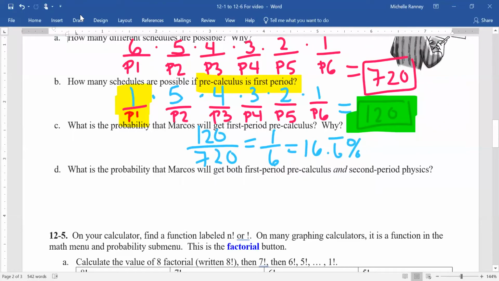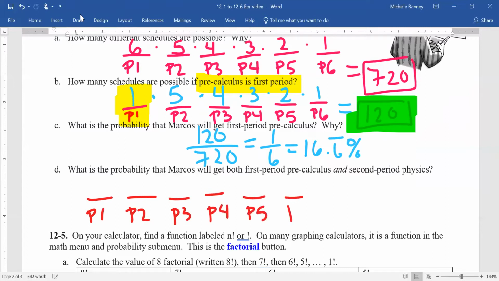Okay, so we have period 1, period 2, period 3, period 4, period 5, period 6. Now, period 1 is pre-calc. There's only one way for him to have pre-calc. Period 2 is physics.